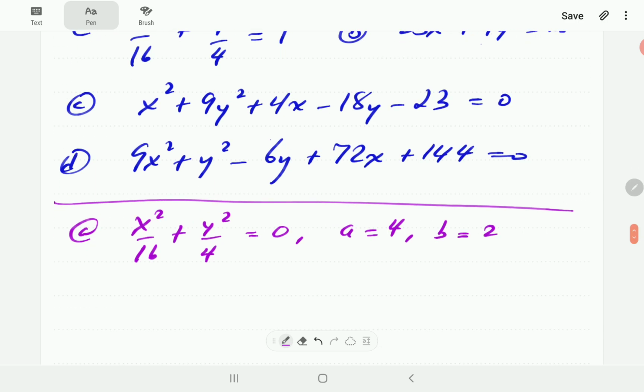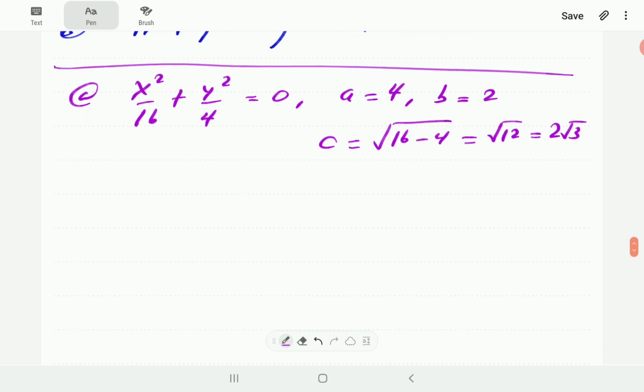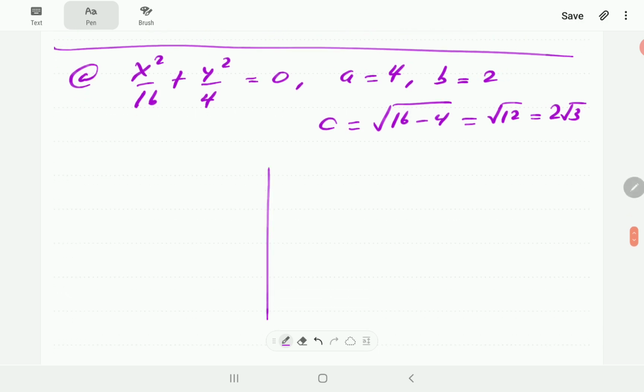Then c is always the square root of a squared minus b squared, so it's going to be 16 minus 4, so c is going to be square root 12 or 2 root 3. Okay, now since a squared is dividing the x term, it means the major axis is horizontal.